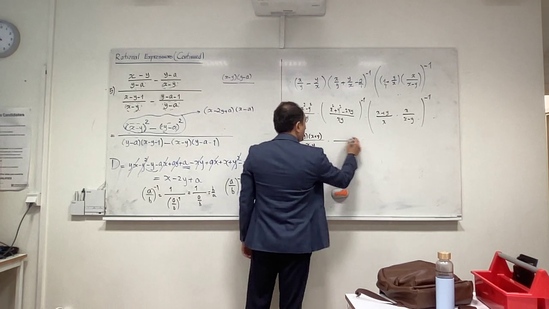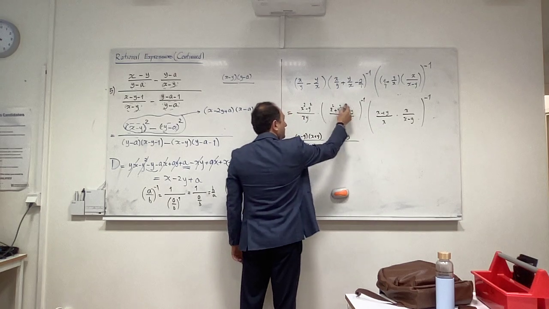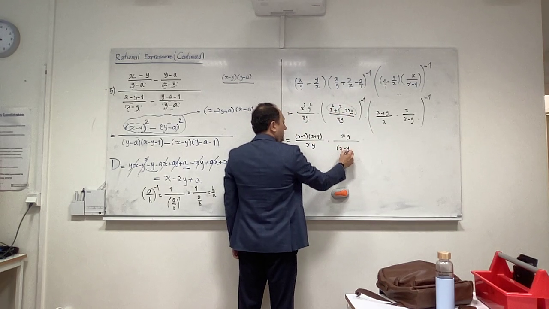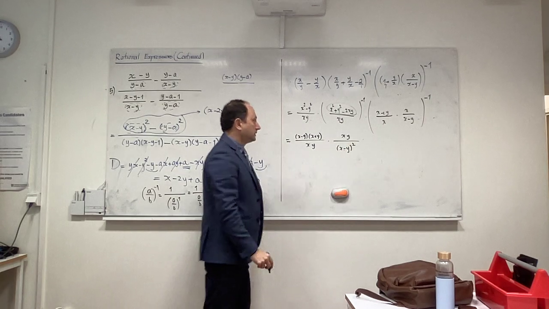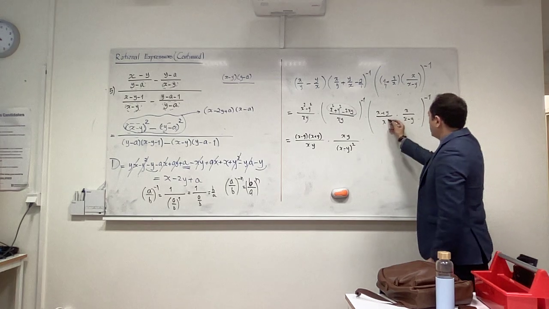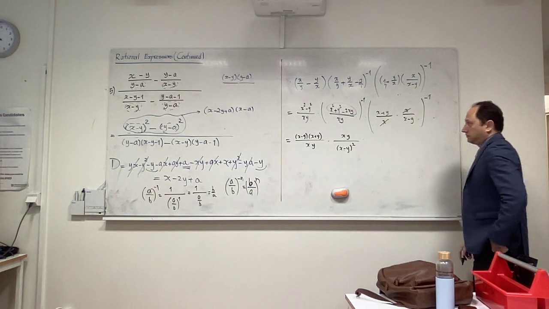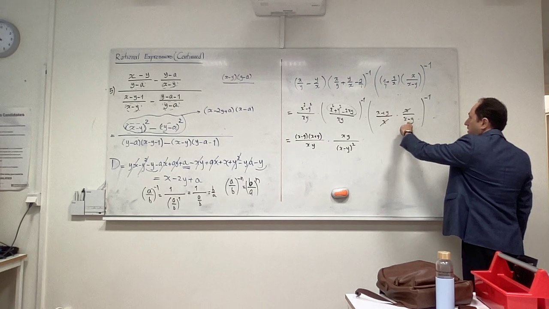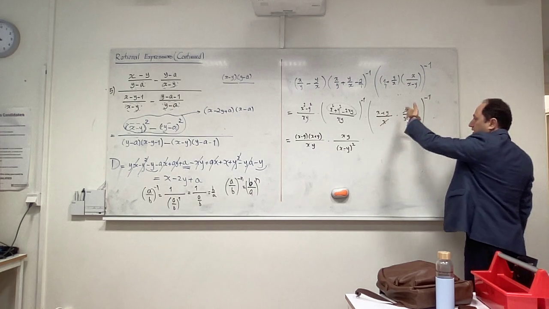So this becomes x over y, and then you recognize this pattern now, yes? This is x minus y to power 2. But here, I am supposed to multiply this fraction by that fraction, x and x are gone. X plus y over x minus y is left, but there is a minus sign, so I flip them.